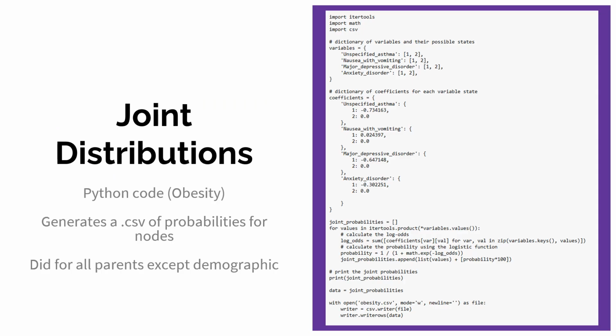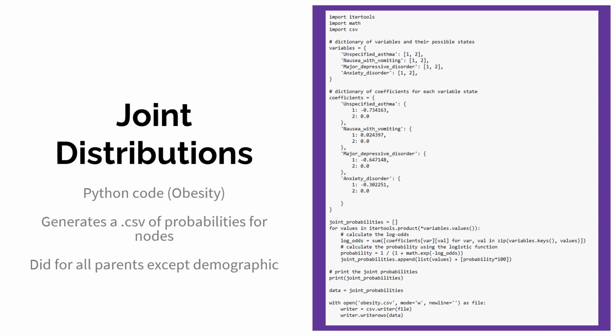So next, this slide shows the Python code that we used to calculate the joint distributions. This one particularly was used for obesity, but you have to run this code for each individual variable.